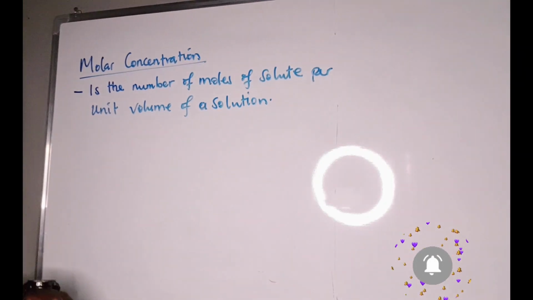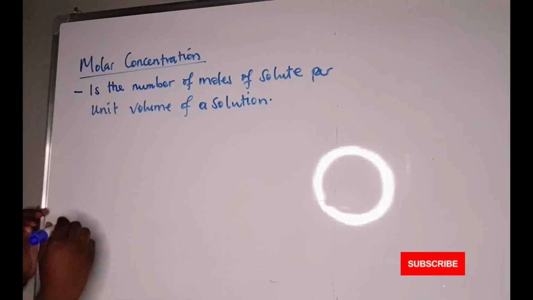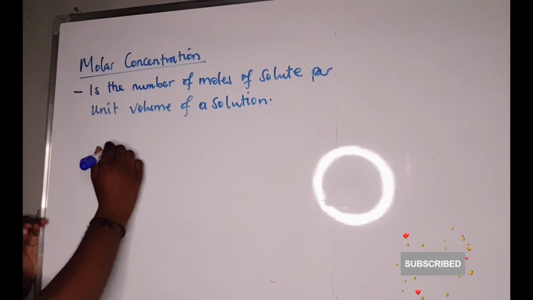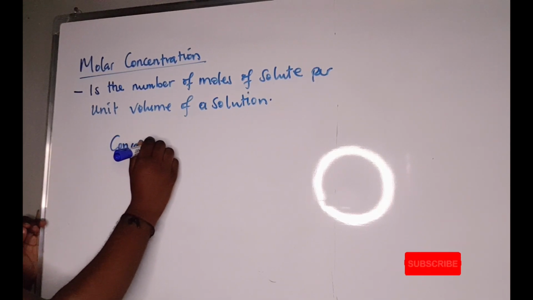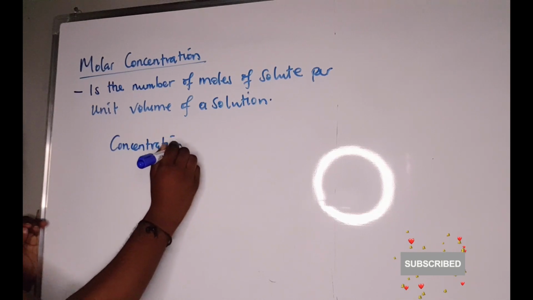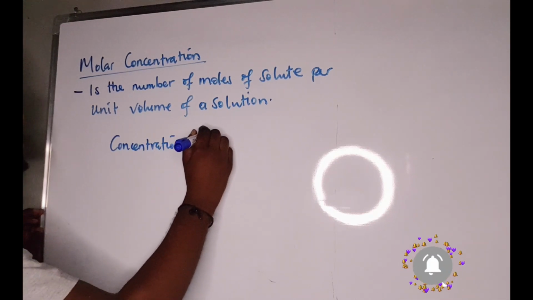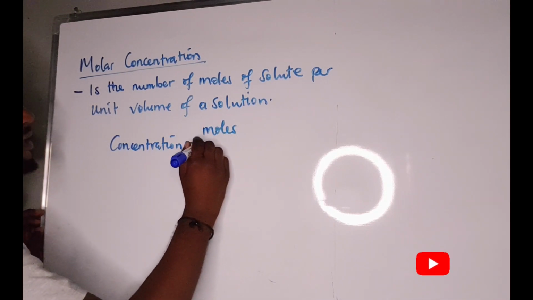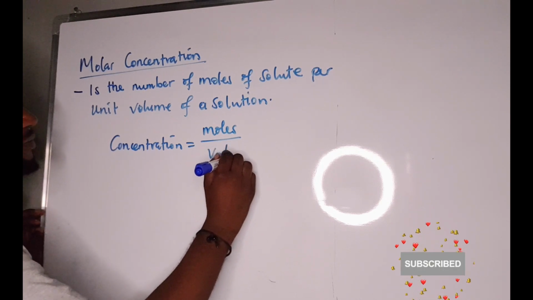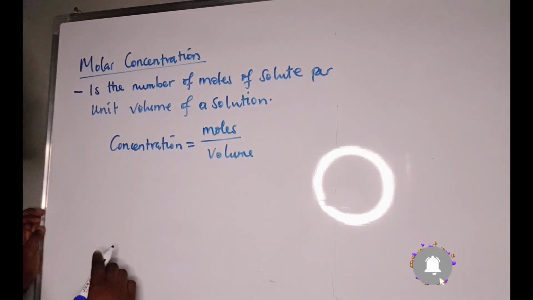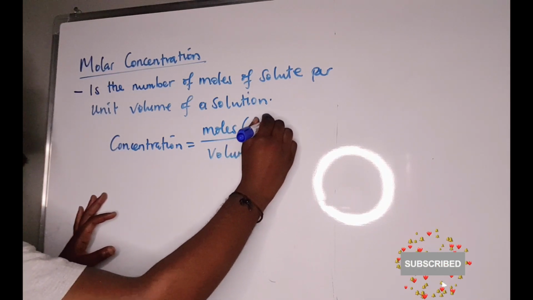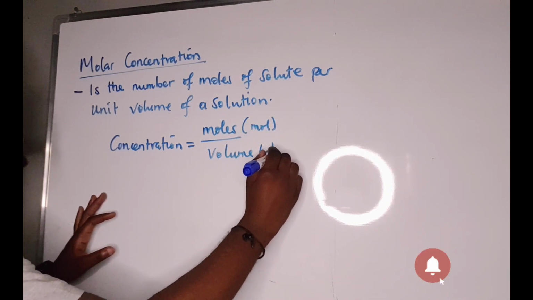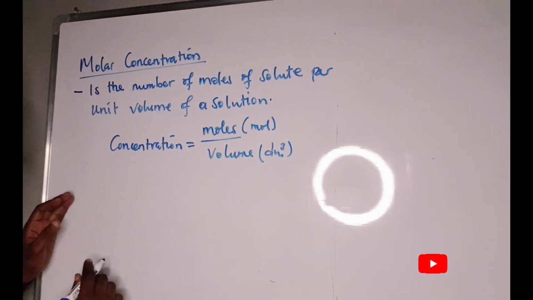So molar concentration is calculated as concentration equal to number of moles divided by volume. The number of moles is in moles, and the volume is in cubic decimeters.